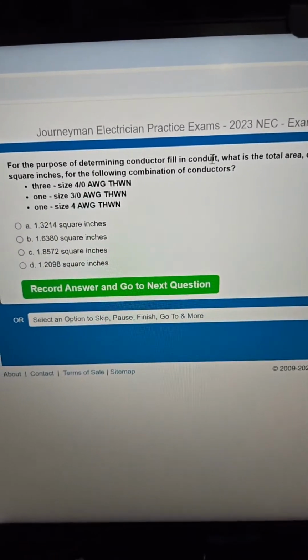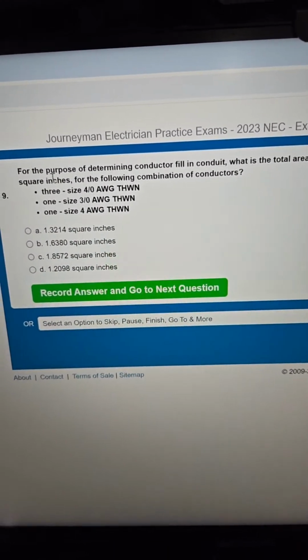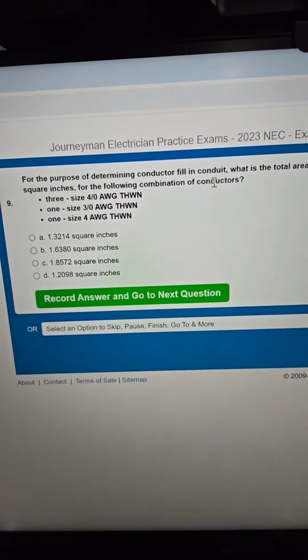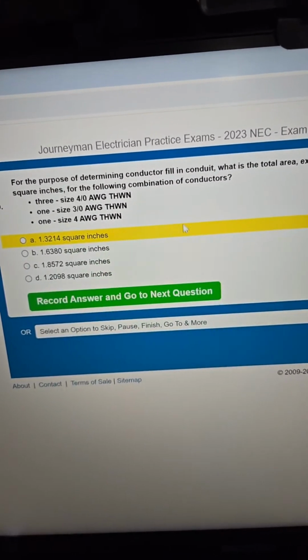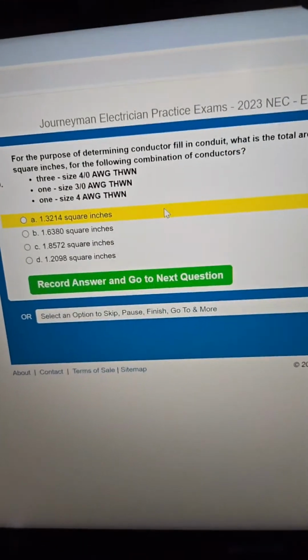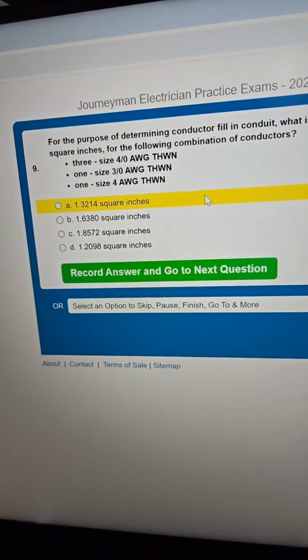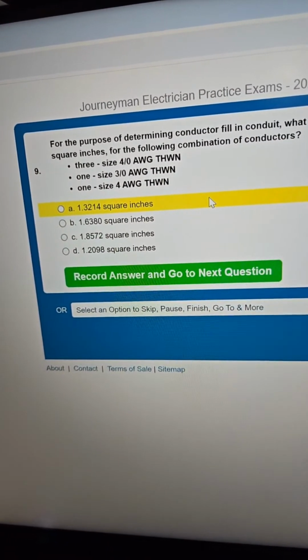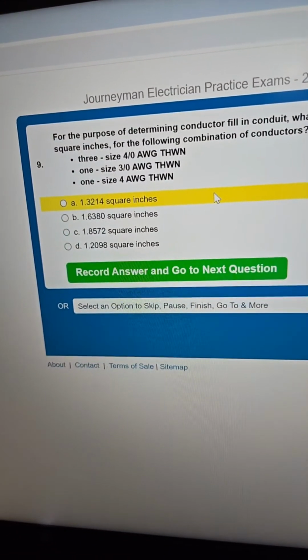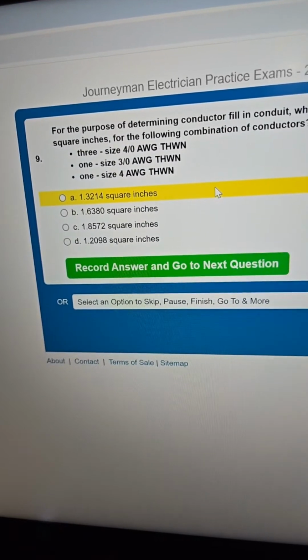For the purpose of conductor fill in the conduit, the area expressed in square inches. What's the combination of conductors? Dang it. Okay. So we have 3 4/0, 1 3/0, and 1 number 4. And we're going to go get the Ugly's book.